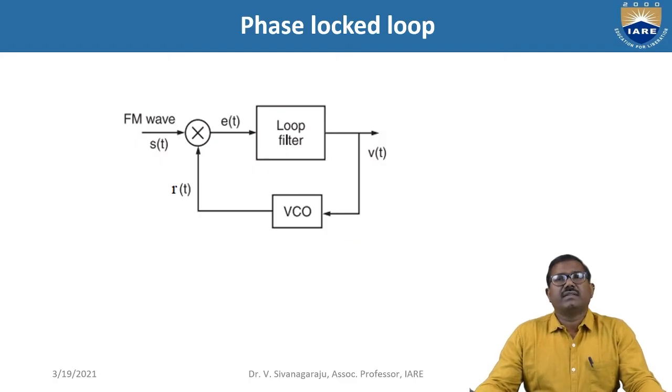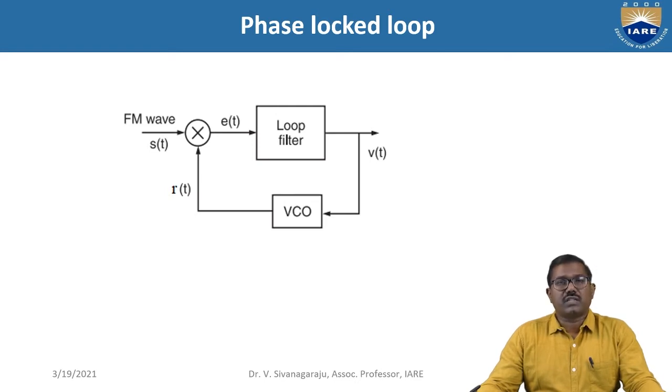So we have a loop filter, a VCO, and a product modulator. S of t is the modulated signal, that is nothing but our FM wave, which is one of the inputs of the product modulator, and the other input is R of t, which is coming from the VCO.